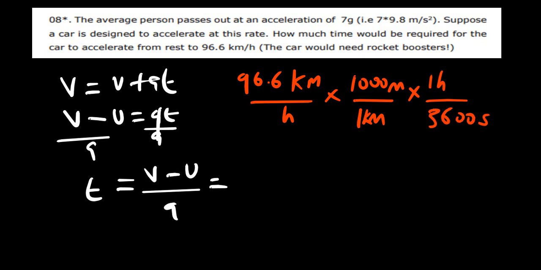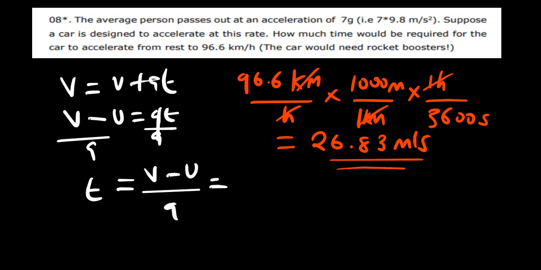So the kilometers can cancel, the hours can cancel. Then you solve what is on top divided by 3600. When you solve, I'm getting 26.83 meters per second. So this is the final velocity.